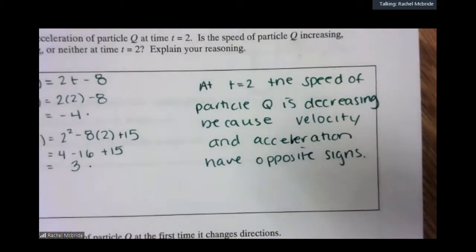Your justification would be: at time t equals 2, the speed of particle Q is decreasing because velocity and acceleration have opposite signs.